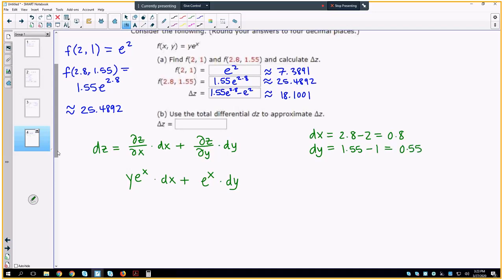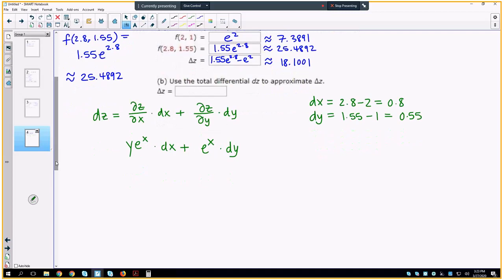That means that our total differential should be e squared times 0.8.